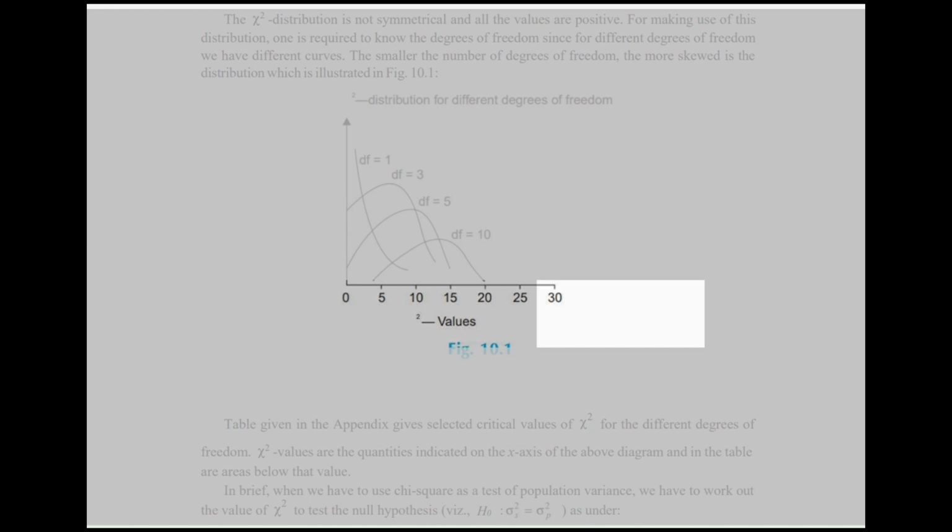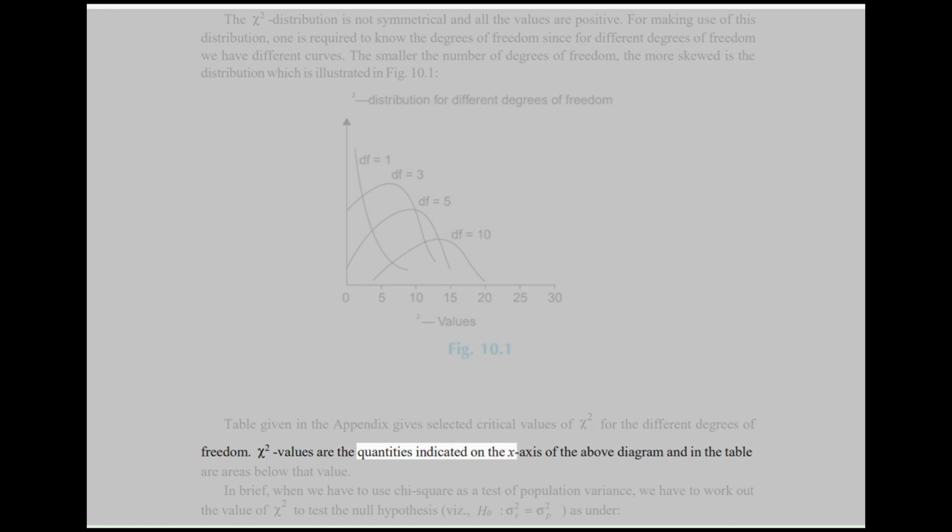Pause the video and look at the figure. The table given in the appendix gives selected critical values of χ² for the different degrees of freedom. χ² values are the quantities indicated on the x-axis of the above diagram, and in the table are areas below that value.